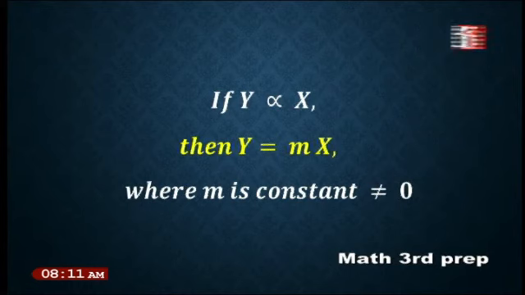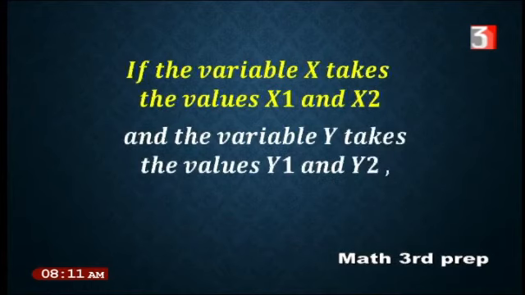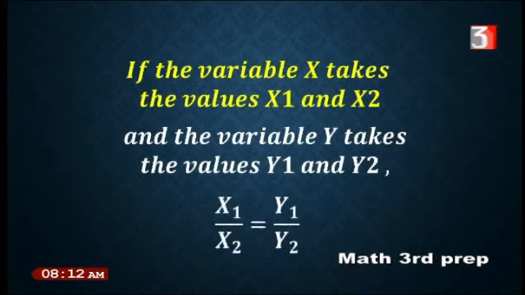Then, if the variable x takes the values x1 and x2, and the variable y takes the values y1 and y2, then you are going to deduce a very important relation which says that x1 over x2 equals y1 over y2.